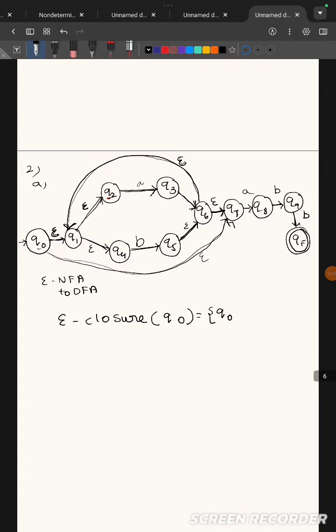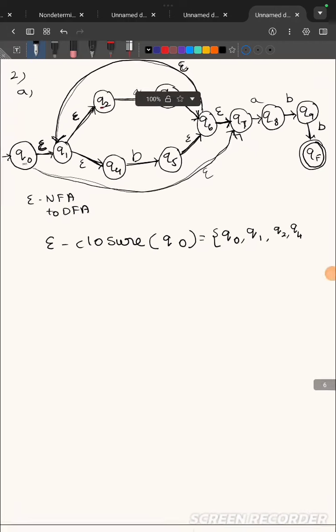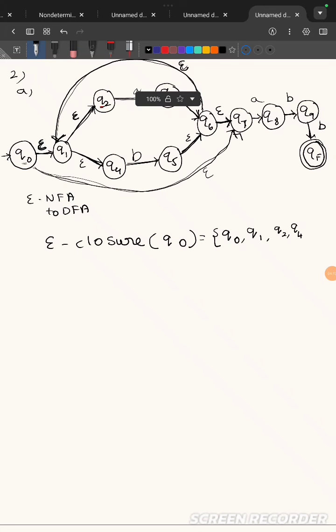So it will have Q0, then Q0 has an epsilon transition to Q1. So you can write that. And now Q1 has epsilon transitions to Q2 and Q4. You can write Q2, you can write Q4, okay, and there is one direct epsilon transition from Q0 to Q7.